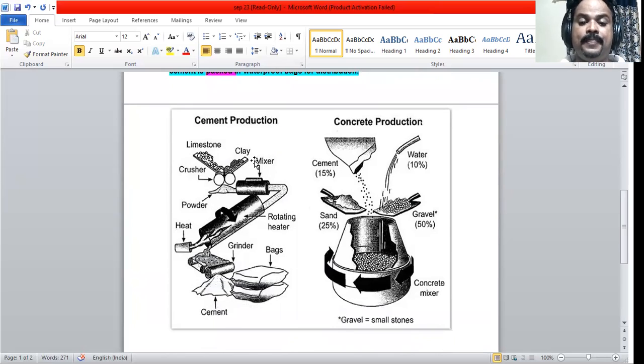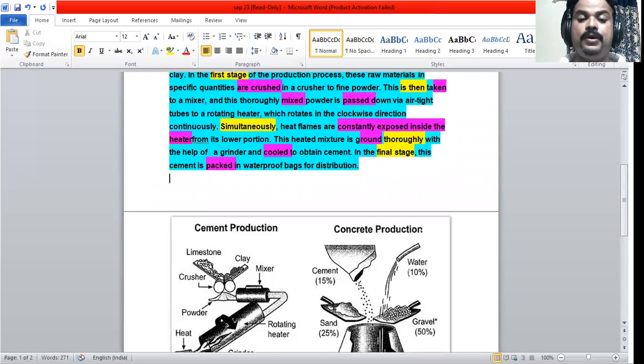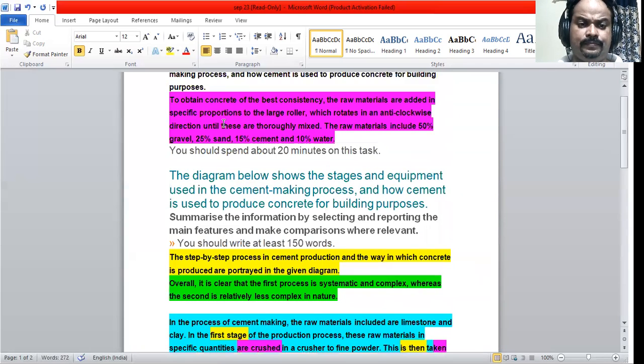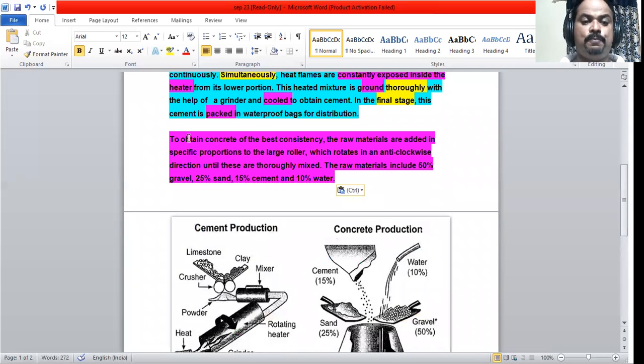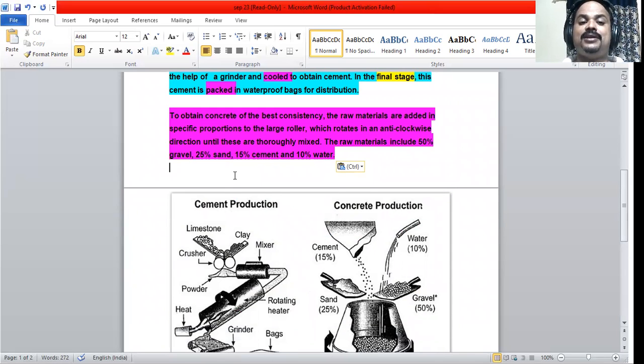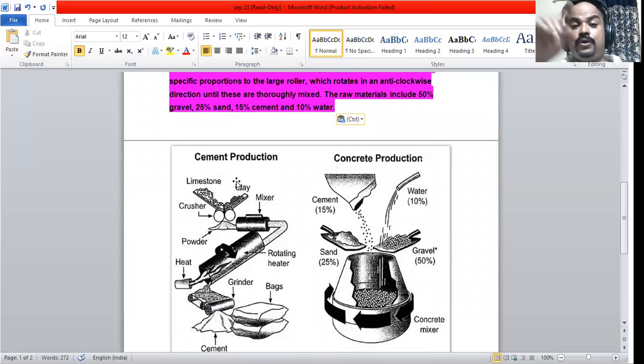Okay, done. Now let's speak about concrete production. To obtain concrete of the best consistency, the raw materials are added in specific proportions to the large roller, which rotates in an anti-clockwise direction until these are thoroughly mixed.